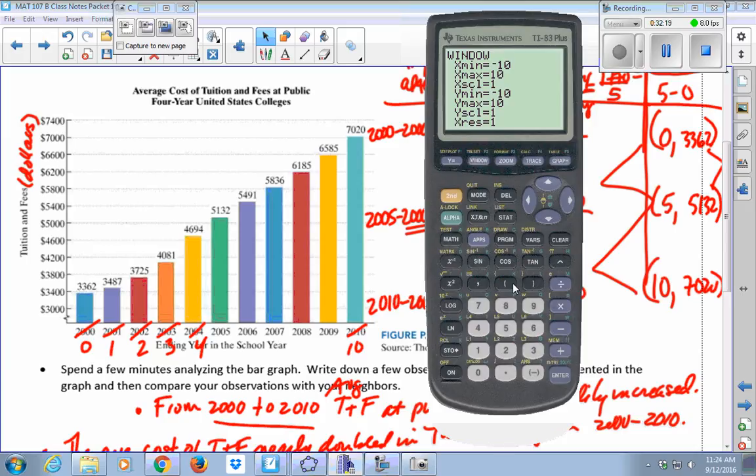Remember it was years after 2000, so my first x value will be 0 because it's just the year ending in each one of these. So 0, 1, 2, 3 up to 10. So my x minimum value is 0. I'm going as high as 10 for the year 2010, and I'm going year by year. My x scale is 1.